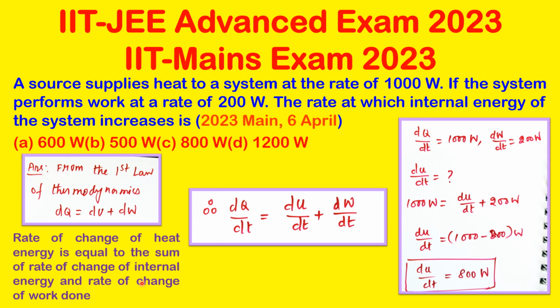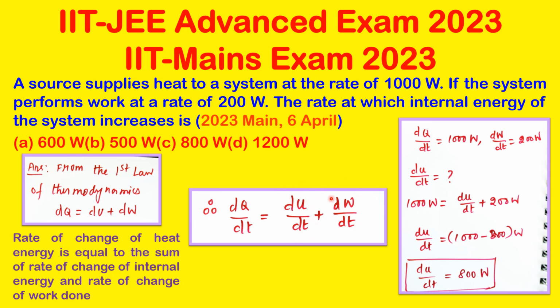In equation form, dq by dt is equal to du by dt plus dw by dt. So we have written it in terms of rates of change with respect to time.